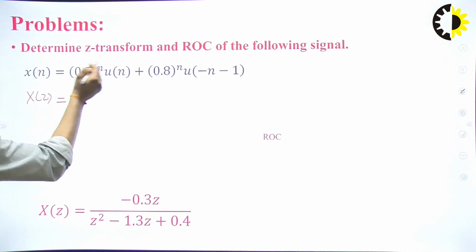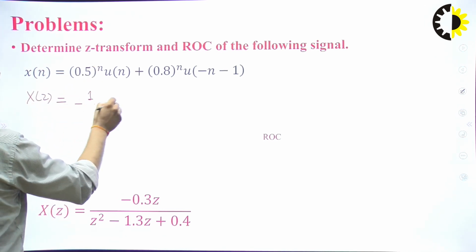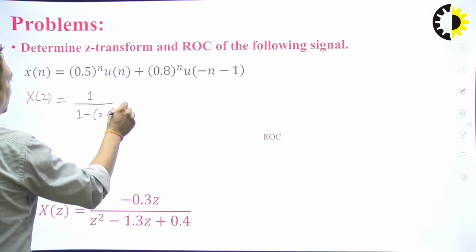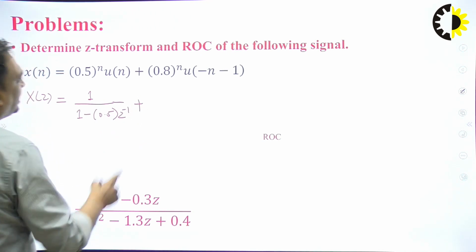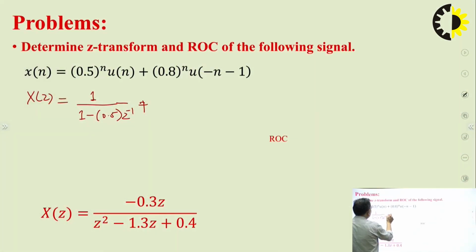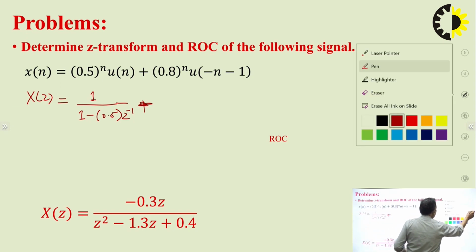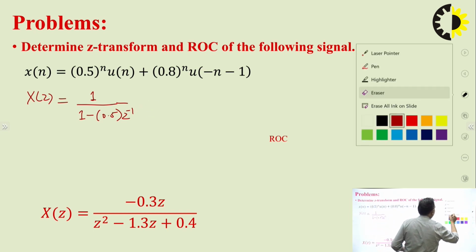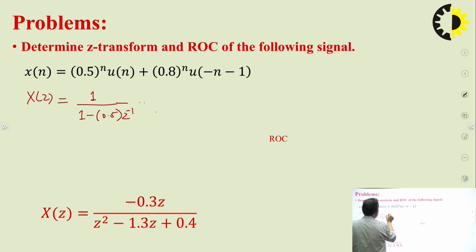Now this is a simple example where I am taking the z transform. So a to the power n u(n) is 1 upon 1 minus a z inverse. You can write it like 1 upon 1 minus 0.5 z to the power minus 1, and this is for the causal signal. For the anti-causal signal, you will get a minus sign here, and 1 upon 1 minus 0.8 z to the power minus 1.